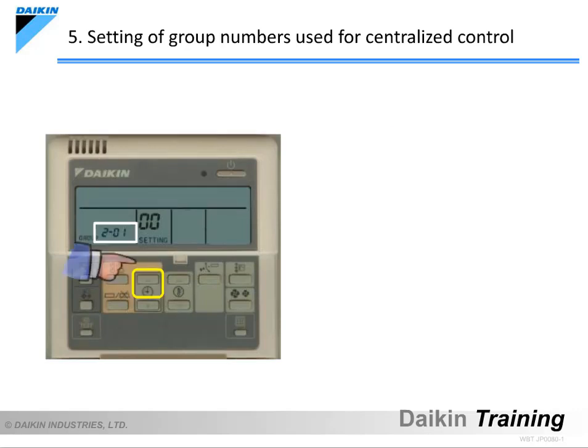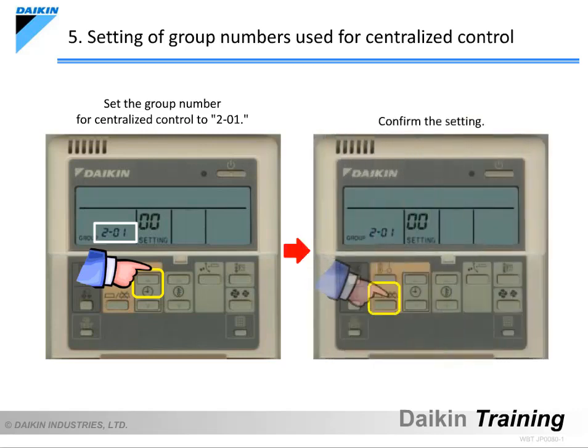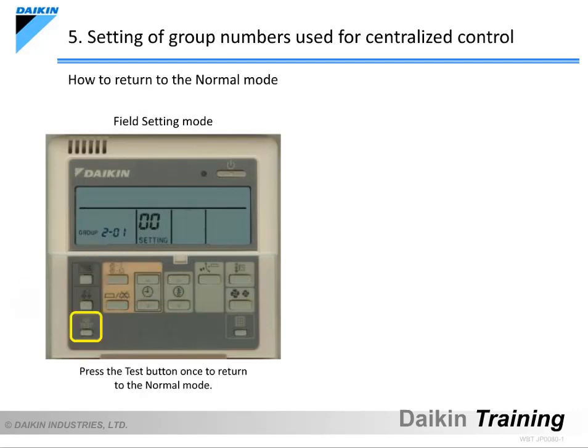The desired group number for centralized control is 201, so change it from 100 to 201 by pressing the first code change button to go in ascending order. Press the field setting confirmation button to confirm the change. When the change is confirmed, the word Group will stop blinking and light up. When the setting has been completed, press the test button once to return to the normal mode.